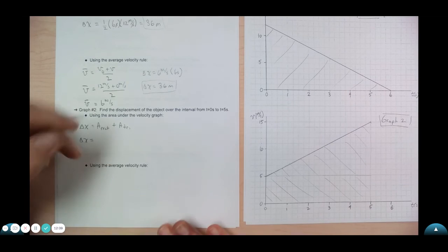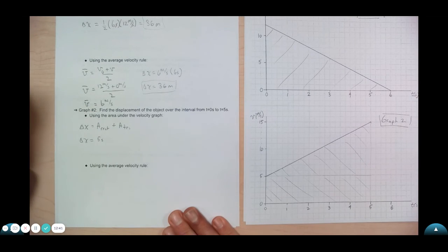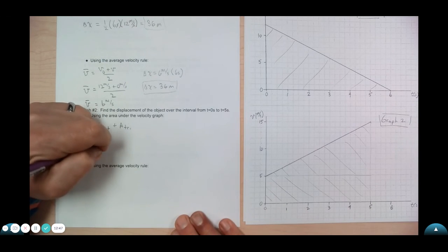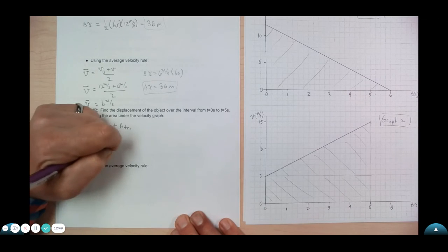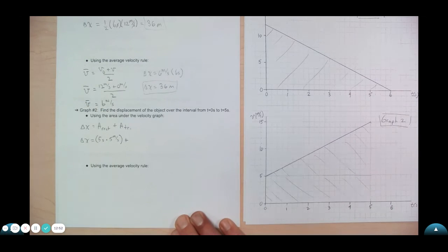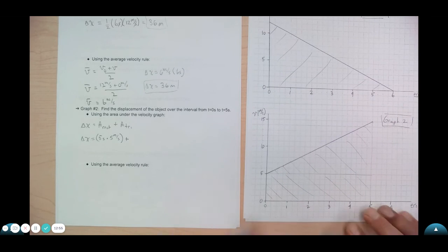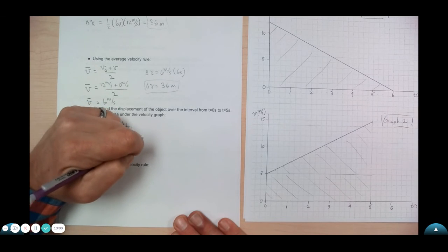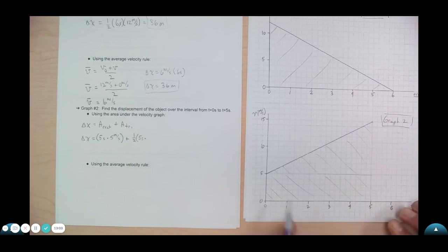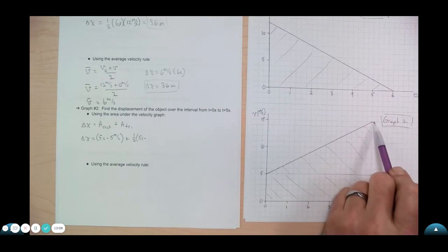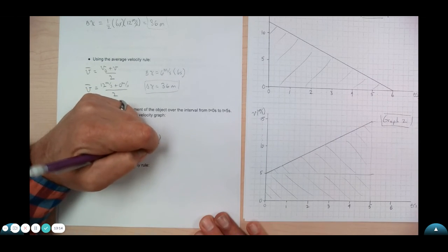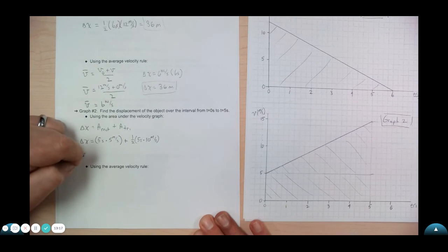The rectangle is 5 seconds long times 5 meters per second high. Add to that the area of this triangle. 1/2, its base is 5 seconds. Its height is, it's not 15 tall, it's 10 tall, from 5 to 15. 10 meters per second.